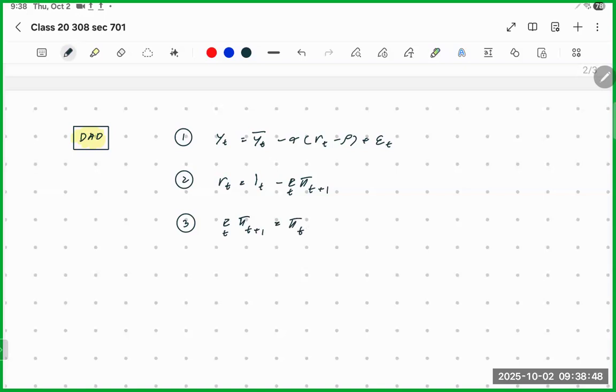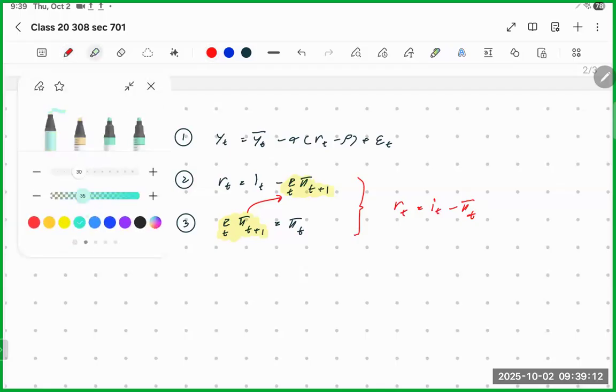Then focus on equation 2 and equation 3. They have the same term, expected T pi T plus 1. I can simply plug equation 3 inside equation 2. Then what I'm going to have is RT equals IT minus pi T. After that, you can look at equation 1.